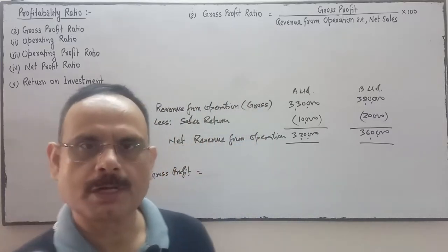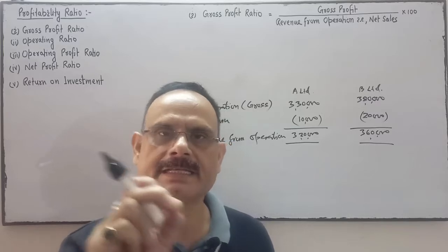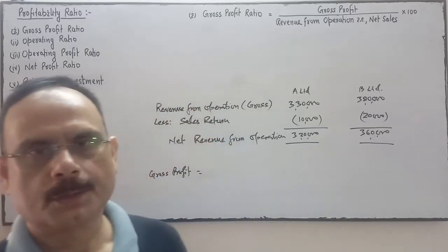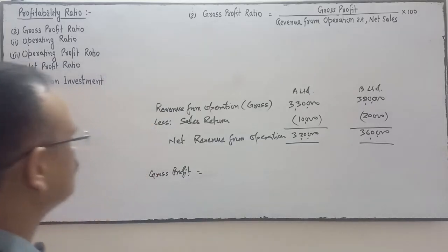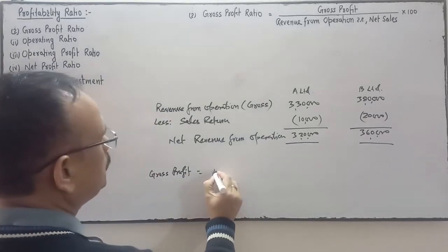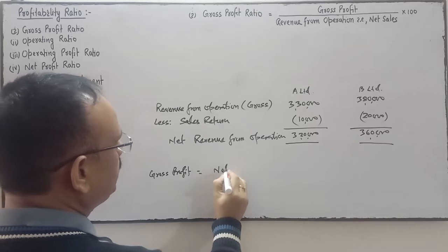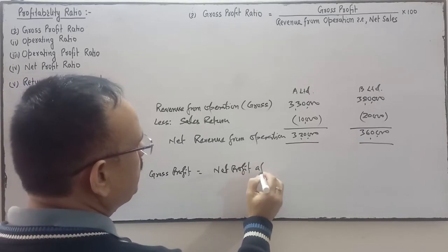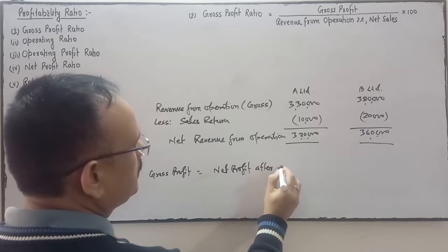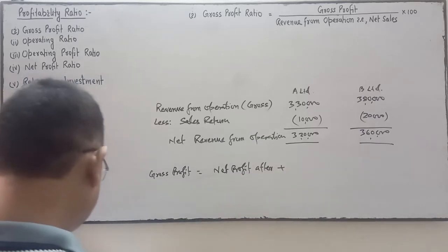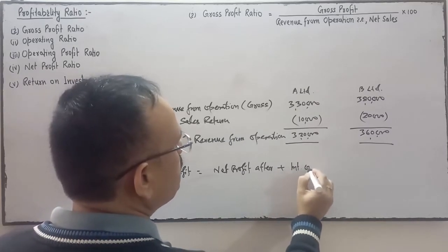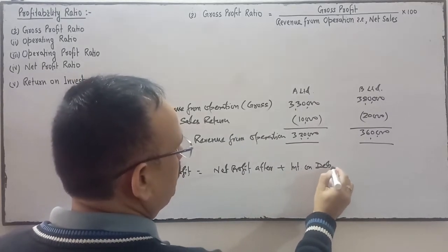When net sales exceed the cost of goods sold, it's a gross profit. Gross profit is equal to net profit after interest, so you add the interest on debenture, number one.